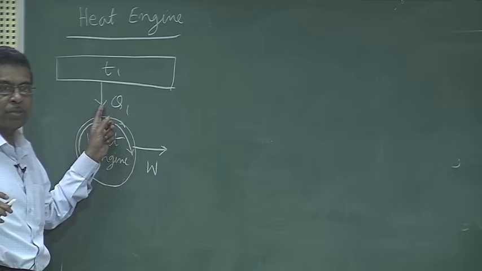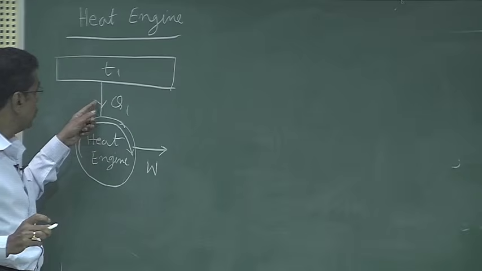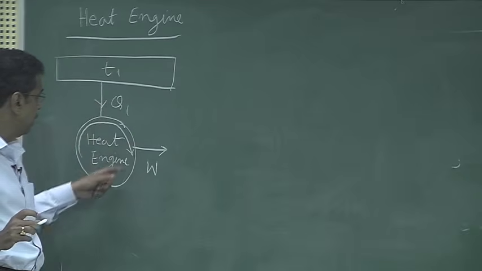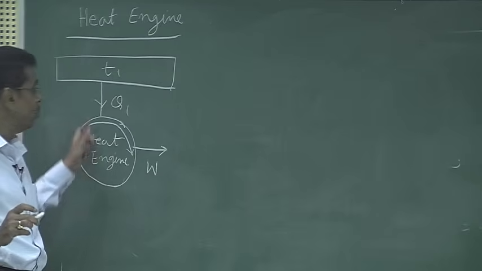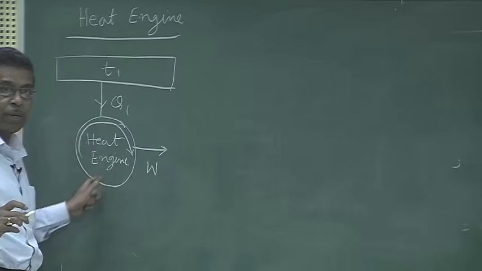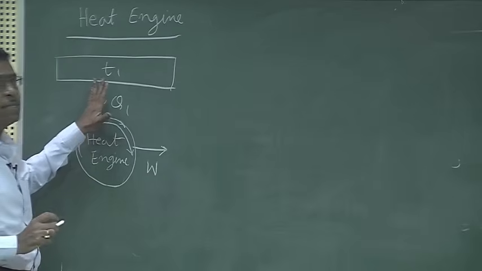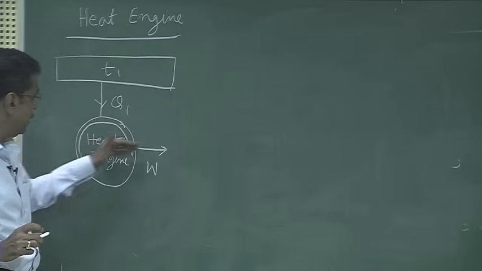That means it converts heat into work. Now for a continuous conversion of heat to work, cyclic operation is required, and that is why the system has to operate on a thermodynamic cycle. It takes a heat input and delivers work.